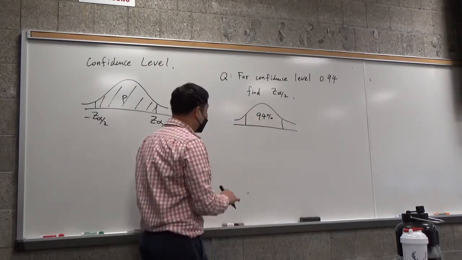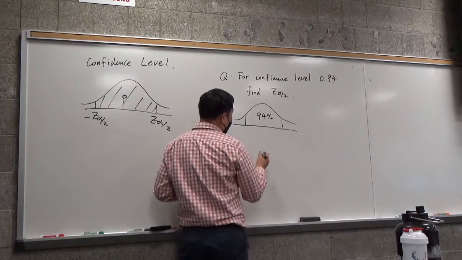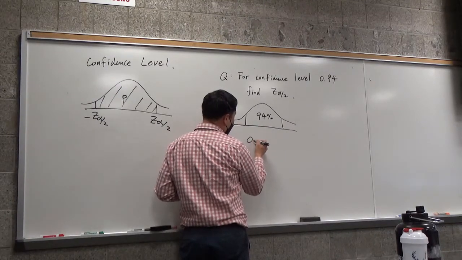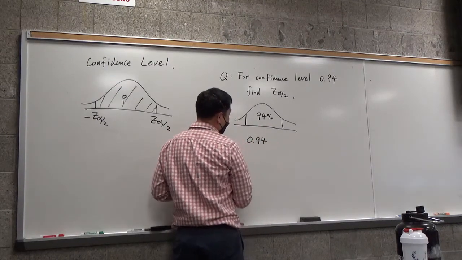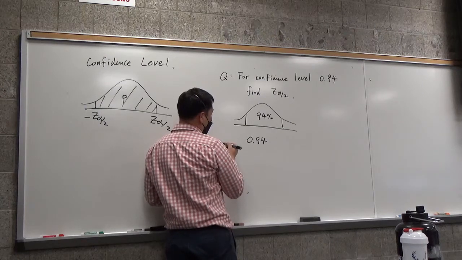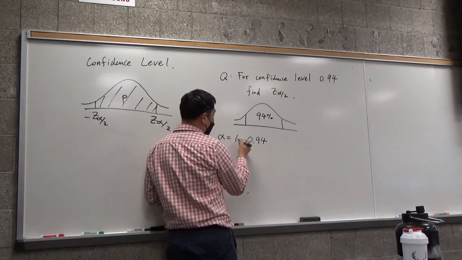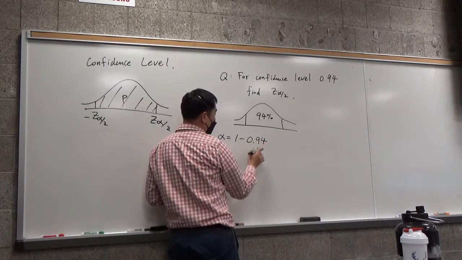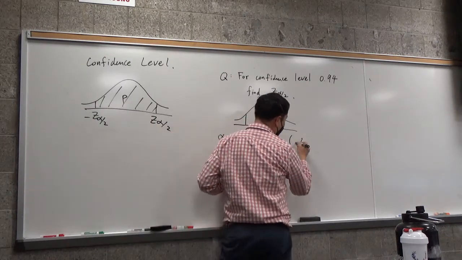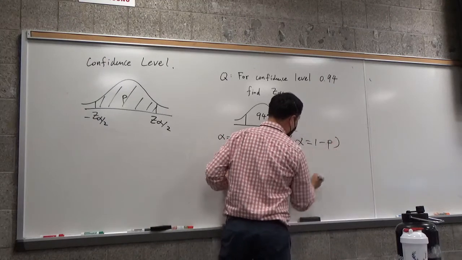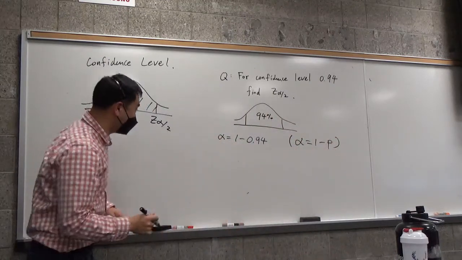Okay? So in that case, what you do is you first take 0.94 and you get the alpha value. Alpha would always be 1 minus 0.94. So alpha is 1 minus P, where P is the confidence level.